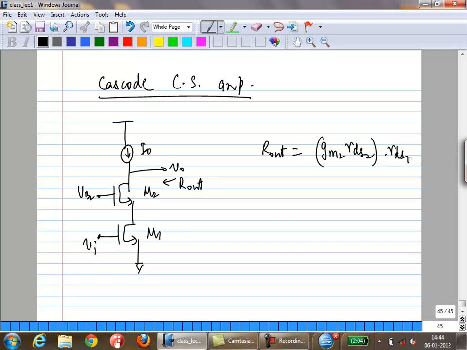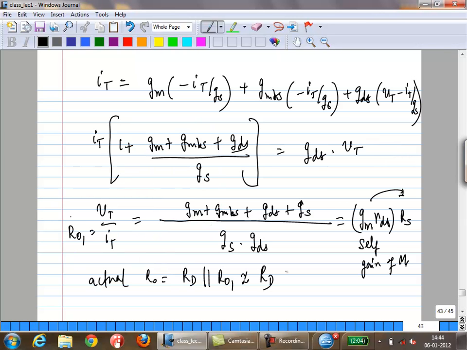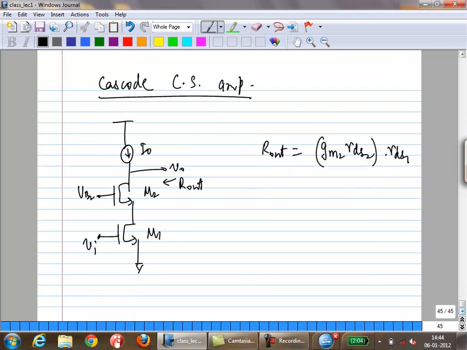Look at this expression. It's GM RDS times the impedance at the source. So the output impedance of this is GM2 RDS2 times the impedance at the source. Is that clear to everyone? Which is RDS1.